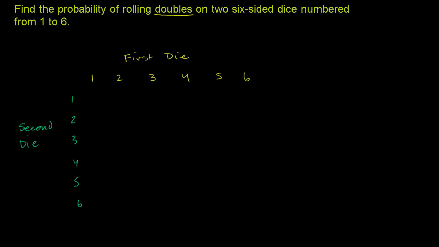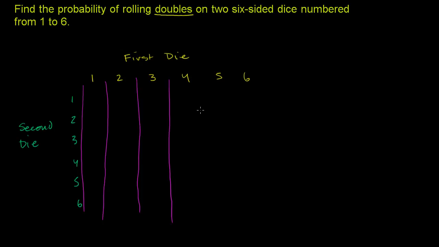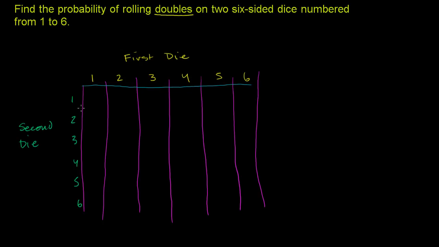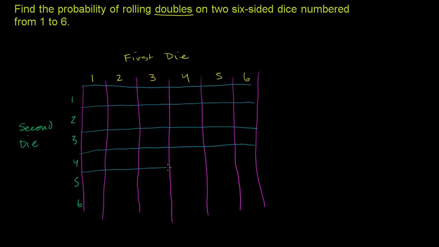So let me do my best to draw a quick grid. Each cell of this grid, each box in this grid, would represent an outcome. All of the possible outcomes.